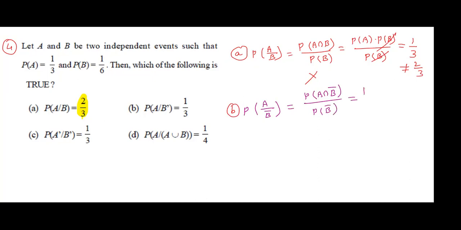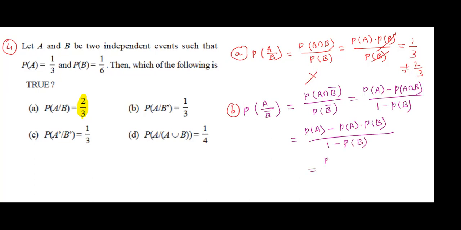P of A intersection B complement means P of A minus P of A intersection B, divided by 1 minus P of B. Now the numerator is P of A minus P of A into P of B, divided by 1 minus P of B. In the numerator take P of A common, then we get 1 minus P of B, and the denominator also has 1 minus P of B, so this cancels. Remaining is P of A.